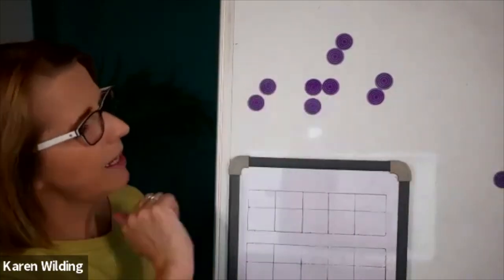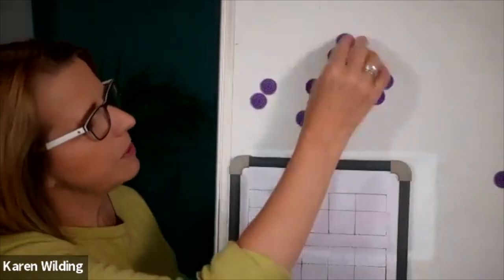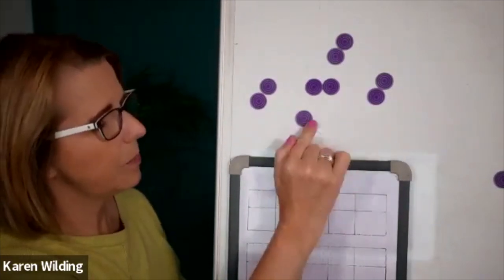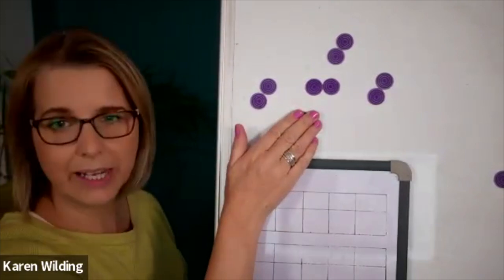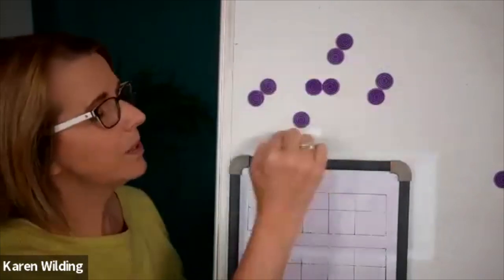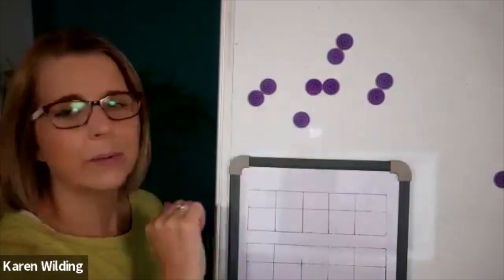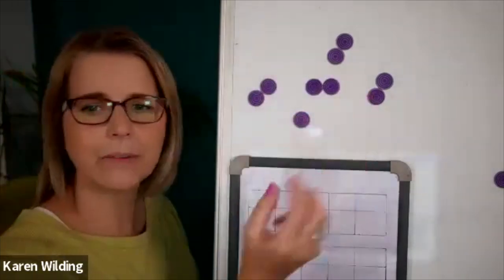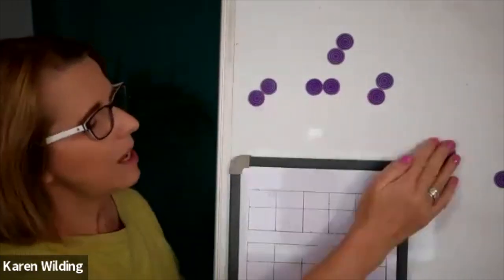If I'd had this many, we can make groups of 2, but there's 1 here that needs another one to be a group of 2, or we'd need to remove it. So this is the idea that that quantity does not have 2 as a factor. It can't be divided into equal groups of 2 without a remainder. And that amount does.